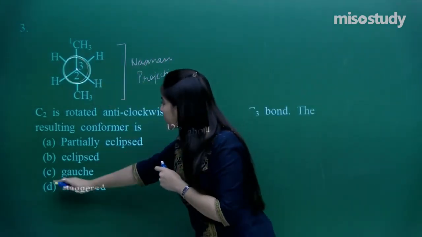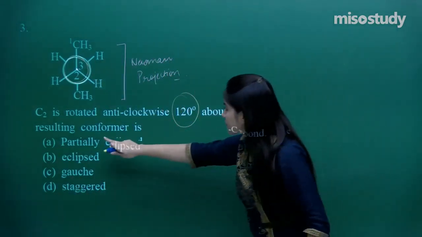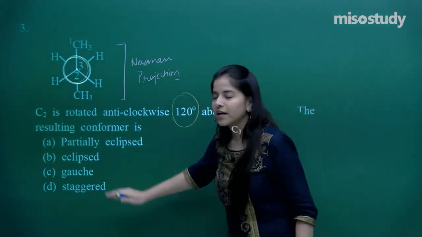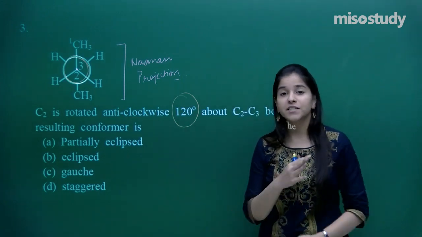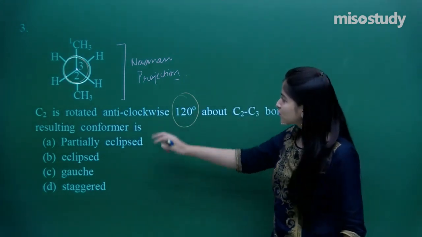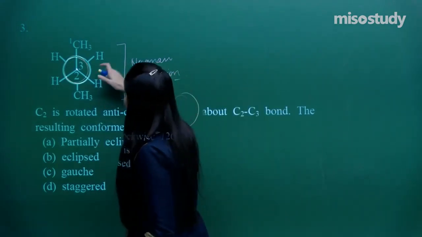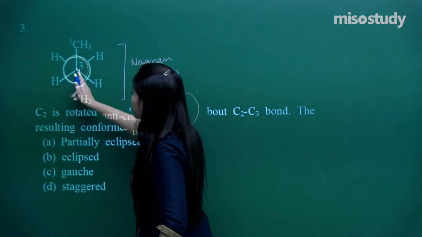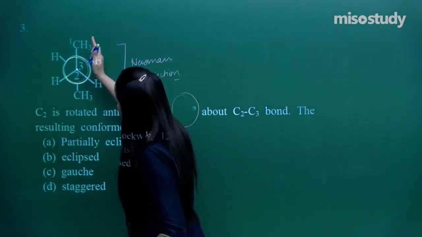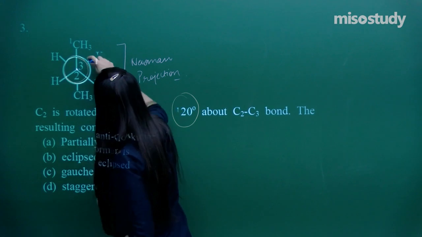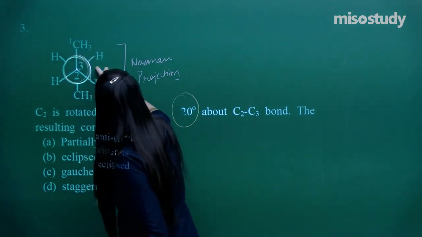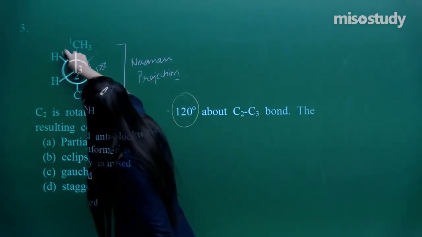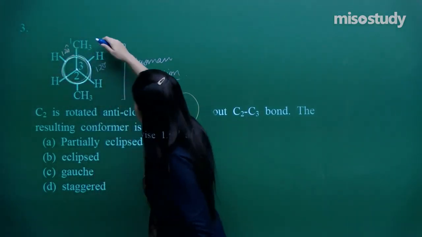What kind of conformer is the resulting conformer? They are asking about the type of conformation obtained after the rotation of 120 degrees. We have CH3 over here that belongs to the carbon which we need to rotate. If I rotate 120 degrees, that means this whole angle is 120 degrees.